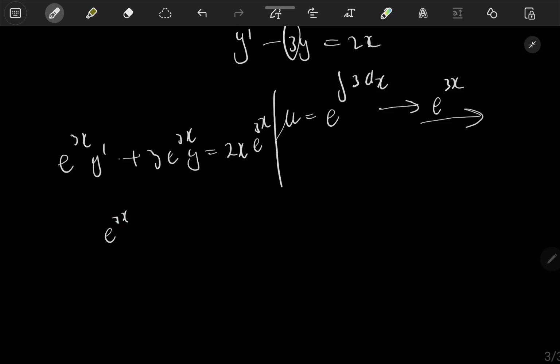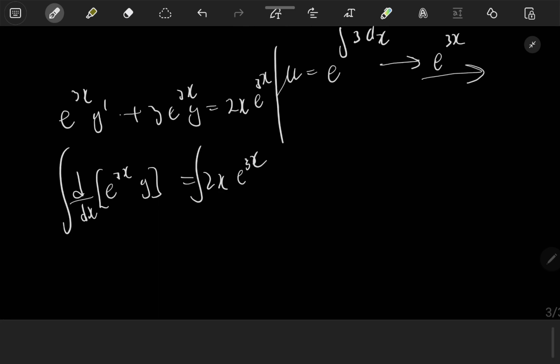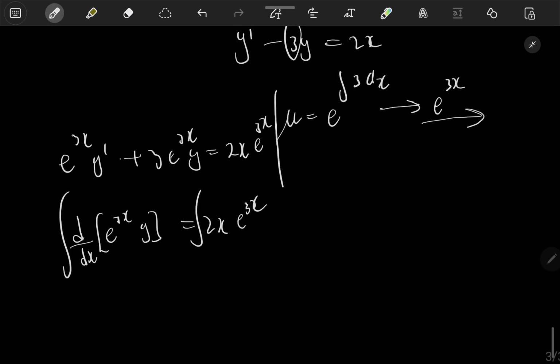Then we can write it like that, which equals whatever is on this side. Then we can integrate both sides. From here, this will just cancel the differential part, and we'll be left with whatever was inside.